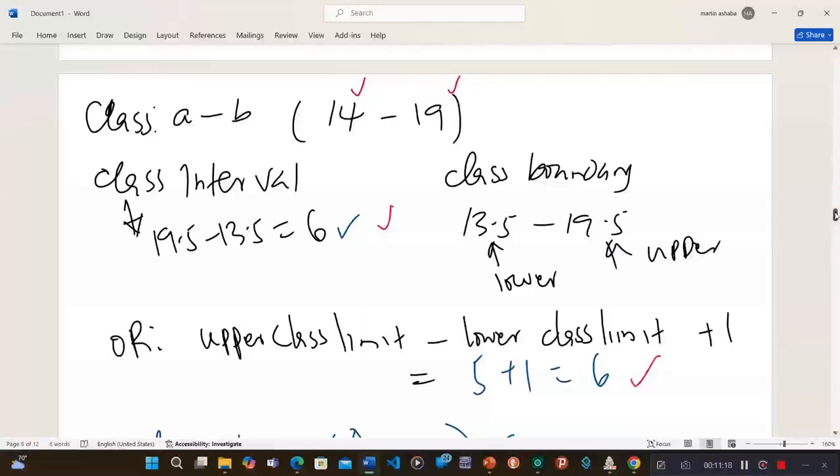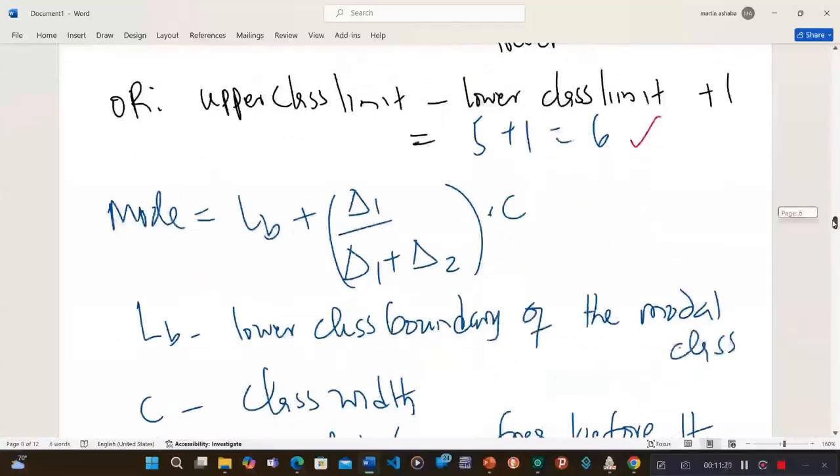So let's go to the next. That introduces us to the formulae that we use. Now for mode, we have the lower class boundary plus delta 1 divided by delta 1 plus delta 2, times C. This would give you the mode.